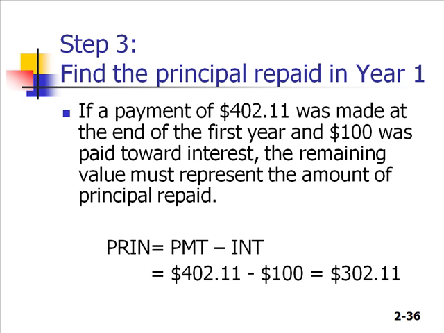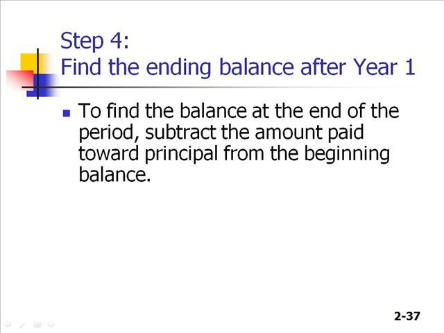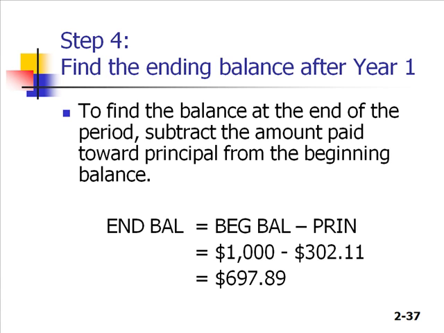So you paid off $302.11 of the actual loan balance. So then the next step is to find the ending balance. How much do you owe after year 1, after that payment? Well, you take the $1,000 you originally owed, subtract off the $302.11 that you repaid, and you get $697.89.